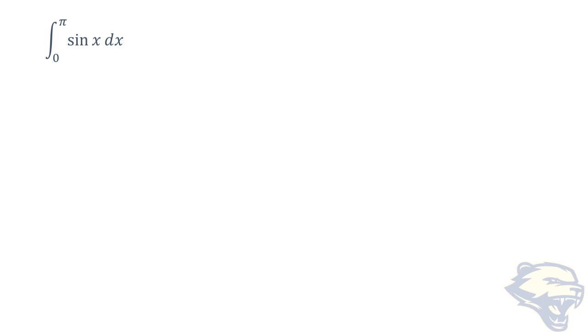We just need to do the antiderivative, which would be, now careful with this, negative cosine x, right? Because if we take the derivative of cosine, the positive negative sign changes. So we need to have negative cosine for that antiderivative. Okay, so then I'm going to have negative cosine of pi minus negative cosine of 0.